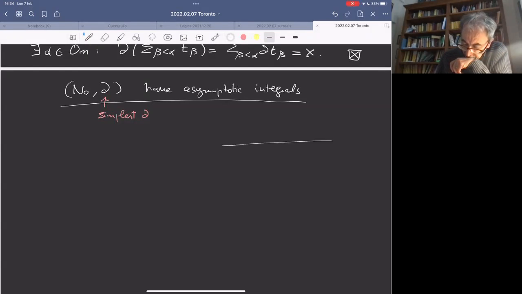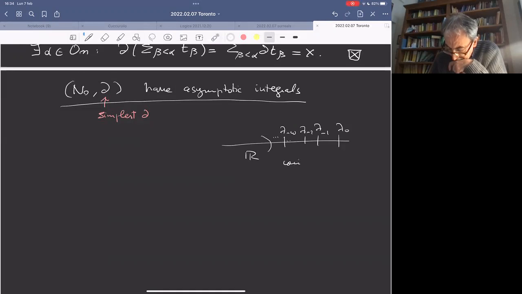So it will be useful to have this picture in mind again. Here you have lambda 0, lambda minus 1, lambda minus 2, lambda minus omega, etc., which are co-initial in the infinite surreals.